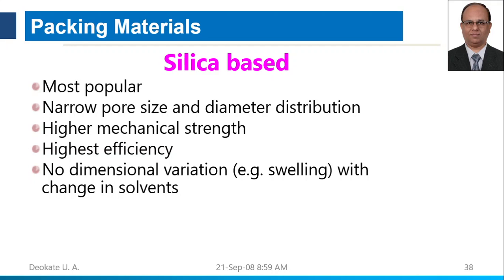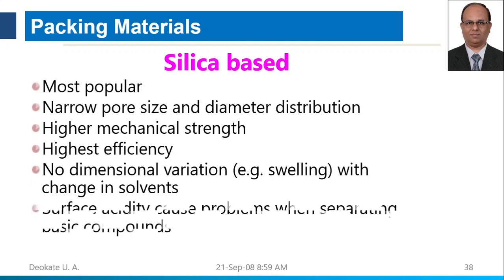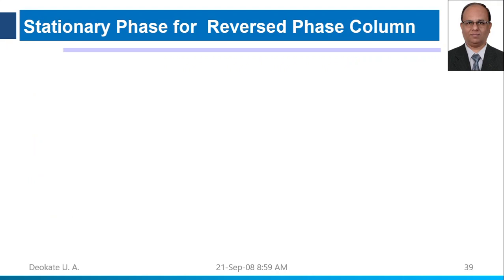When they absorb water, they cause swelling and result in a change in diameter, but silica does not show such properties. Surface acidity causes problems when separating basic compounds. That is the basic problem with the silica based adsorbents.